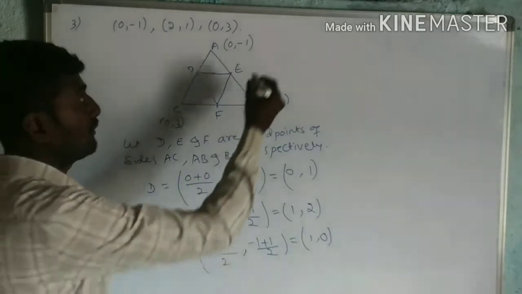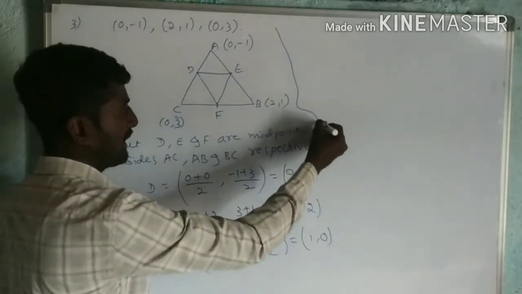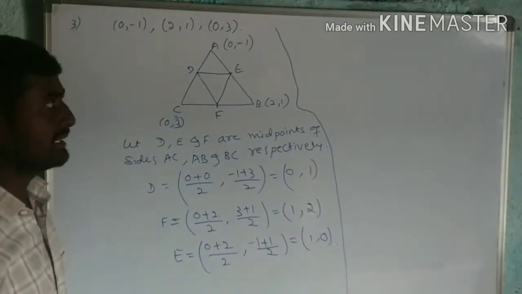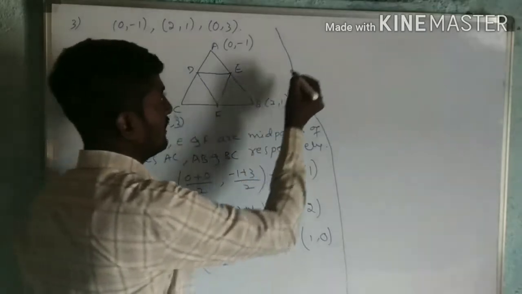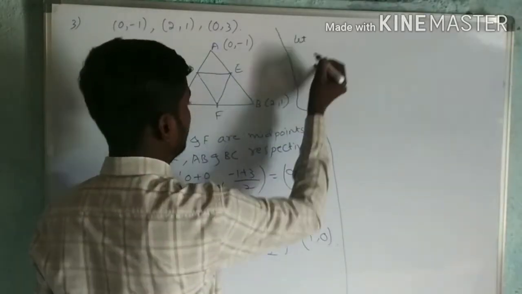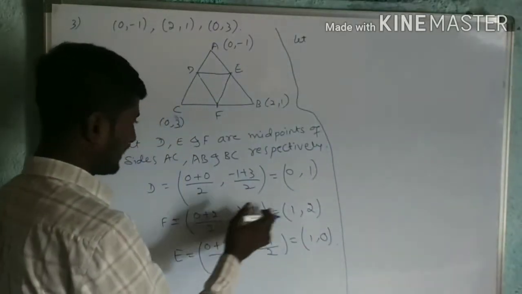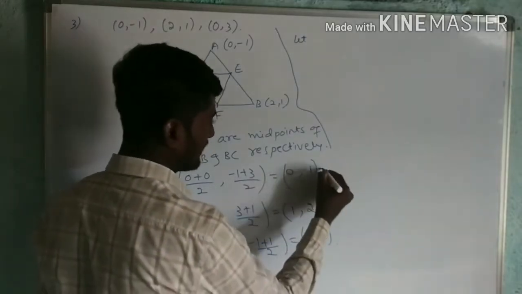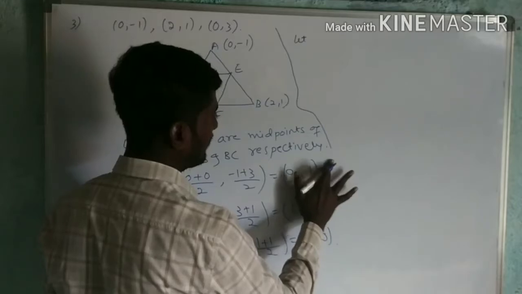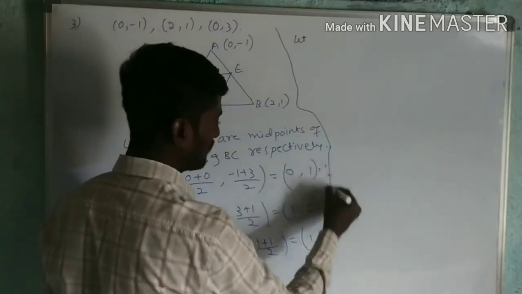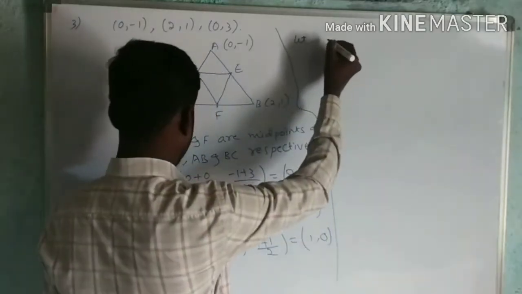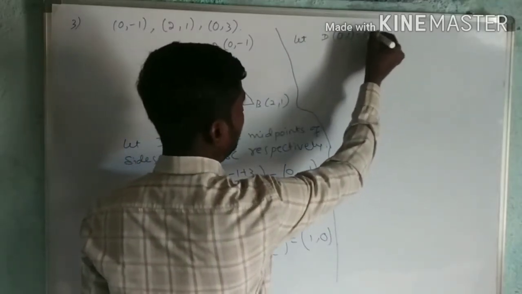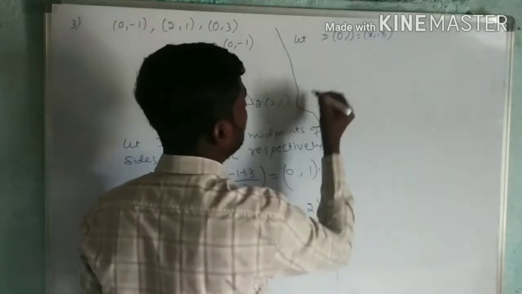So now I have to find the area of triangle DEF. First I have to find the area of triangle DEF. Let us take the first point, D, which is (0, 1). I will take this as x1 comma y1.